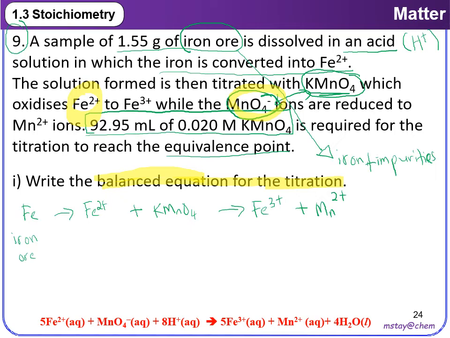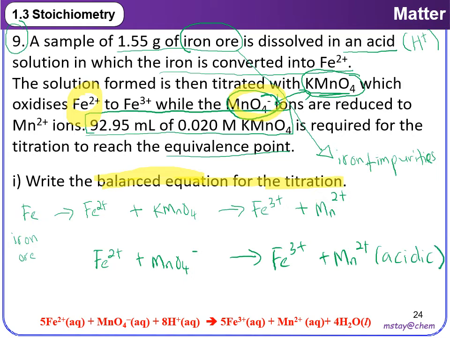So we write the equation: Fe2+ plus MnO4 negative produces Fe3+ and Mn2+, which is considered an acidic medium. This one I will not go through with you. I already guided you on what you need to do. Now you are the one going to balance this redox equation in acidic medium, and the answer is given here.